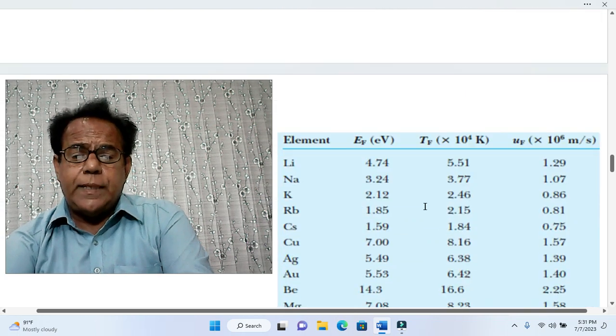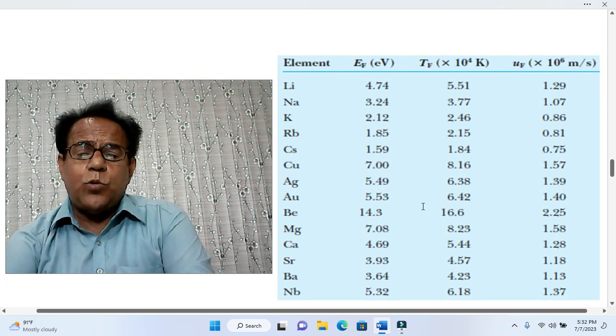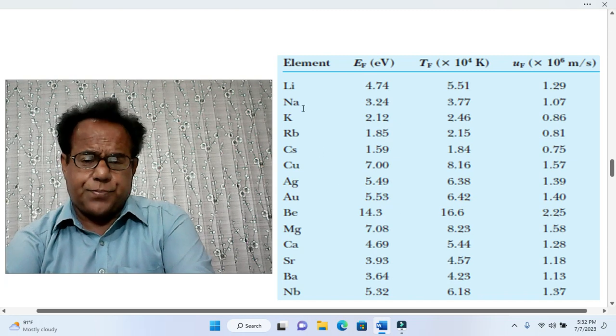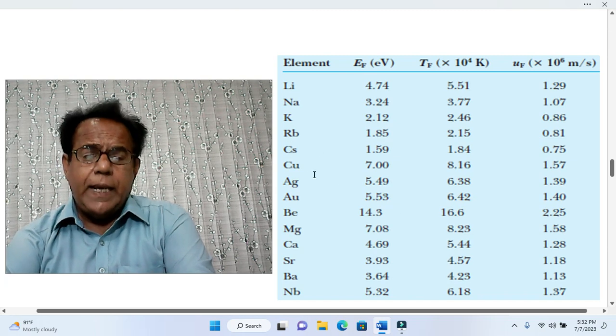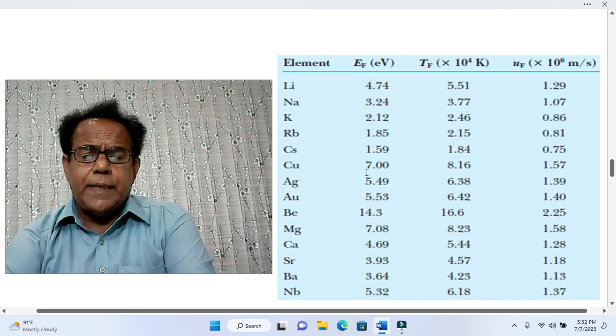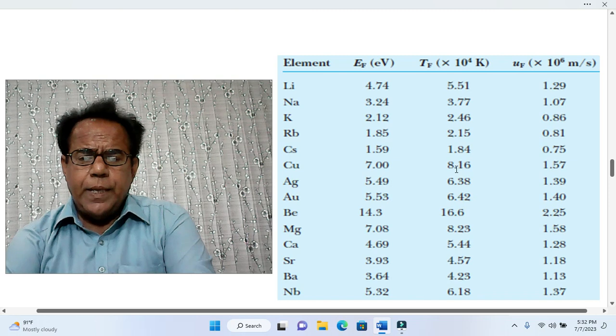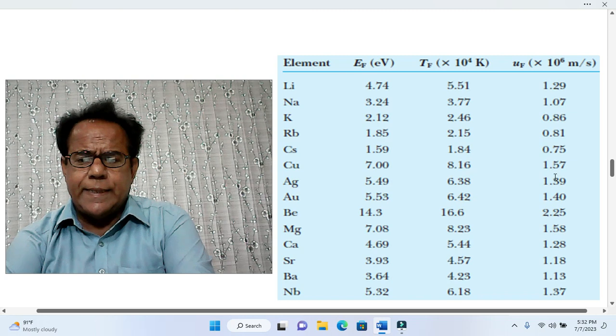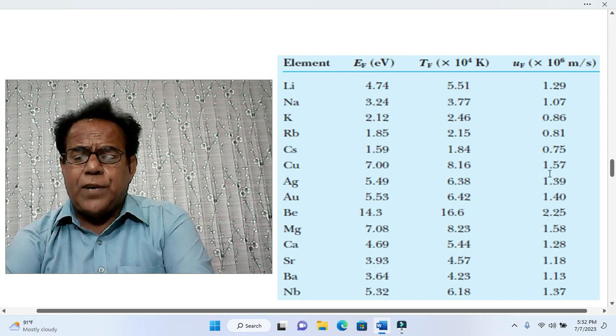Table number 6 is also a very important table. In this table, at row number 6, copper or cuprum has been described. Its Fermi energy is 7.0, its Fermi temperature is 8.16, and its Fermi velocity is 1.56 into 10 raised to the power 6 meter per second.